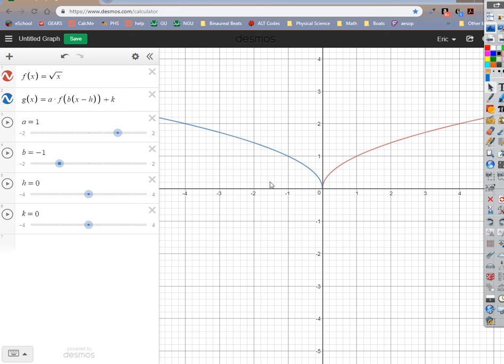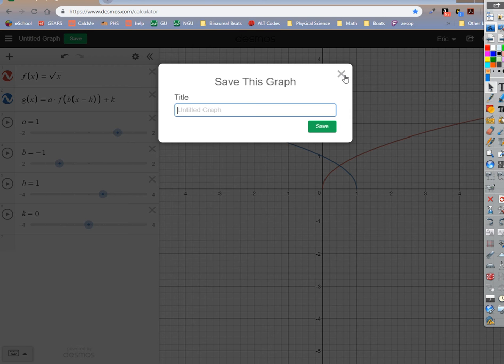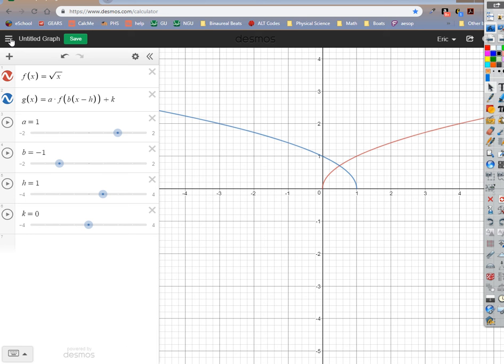Inside. Even if I add a horizontal translation to this, I've got to change this a little bit. So let's make this new graph.